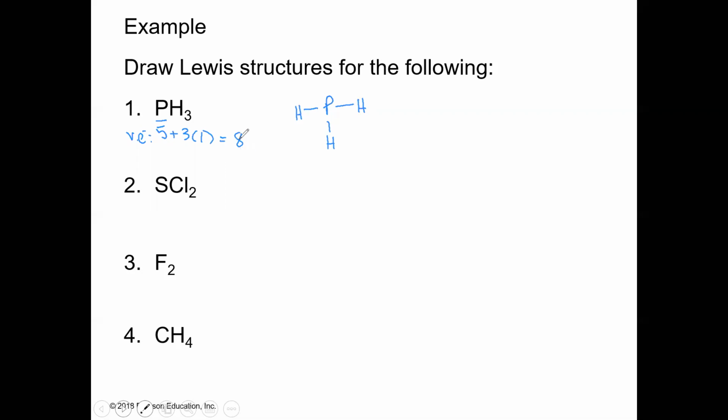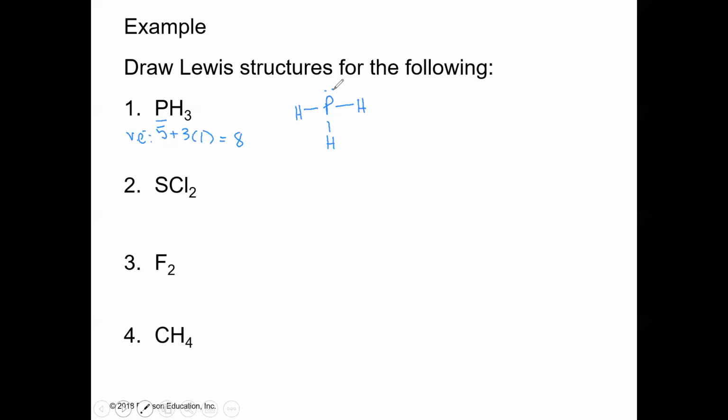So for our 2, the next thing we would do is try to draw them around our terminal atoms if they still needed more valence electrons. But in the case of hydrogen, each of our hydrogens is already happy because it already has its duet. So now we draw our 2 remaining valence electrons around our phosphorus.